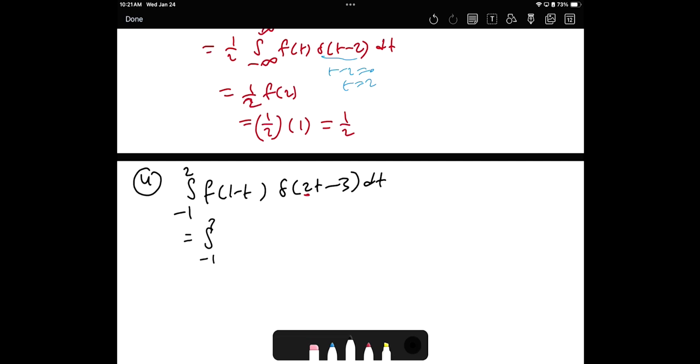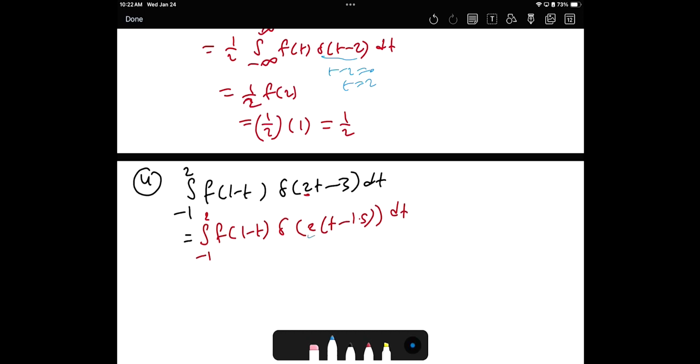So we will do the integral from -1 to 2 of f of 1 minus t delta, take 2 as a factor, so it will be 2 times t minus 3/2, dt.